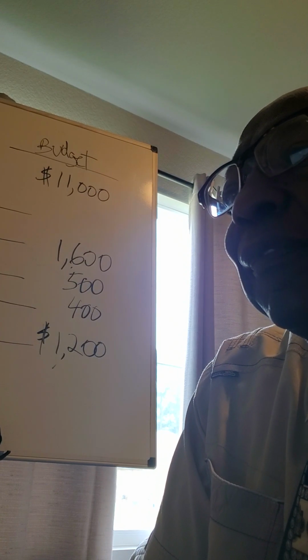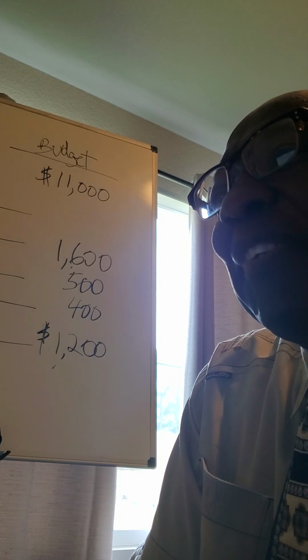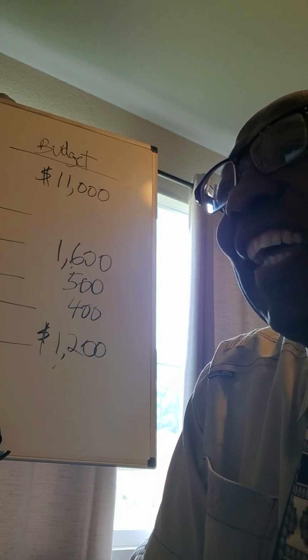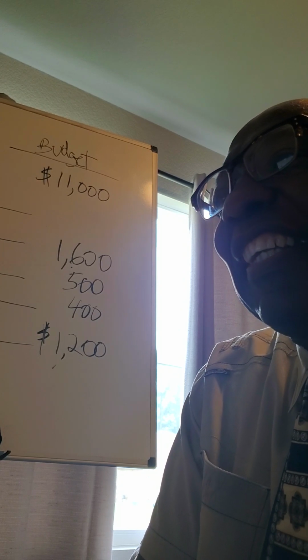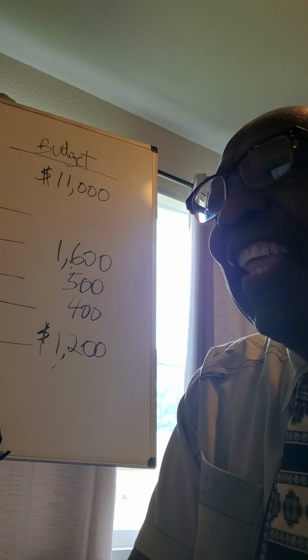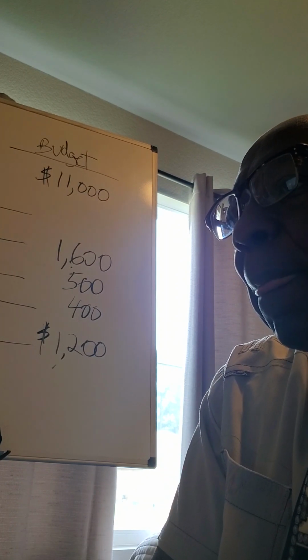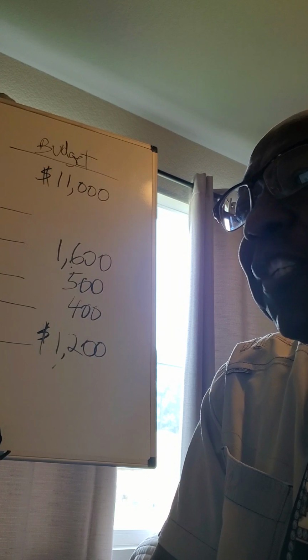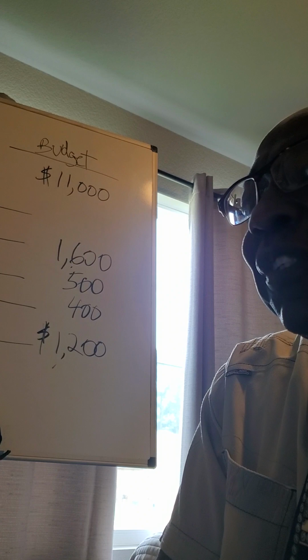I just went online. What year did you look up? 2019. It says cost of attendance for new students. What did you see? Cost of attendance for new students, how much?